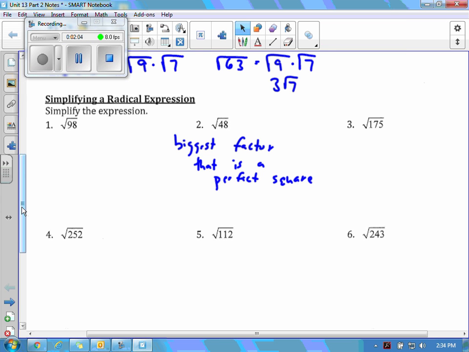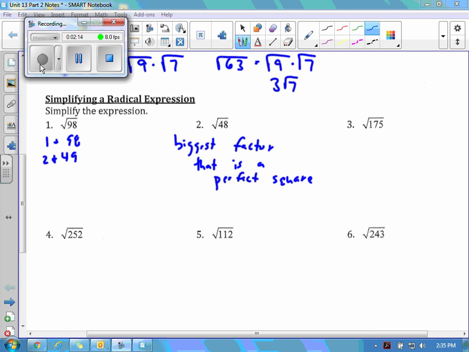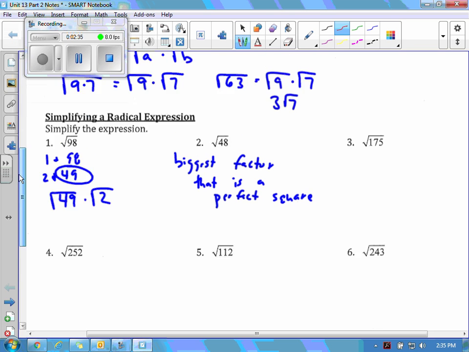So if you think about the factors of 98, you have 1 and 98, you have 2 and 49, and that's all that goes into 98, I believe. Either way, I know that I'm done because I found 49 right here. 49 is a perfect square. So I'm going to take the square root of 98 and split it up into the square root of 49 times the square root of 2. Remember, that is the product property that we talked about right up here.